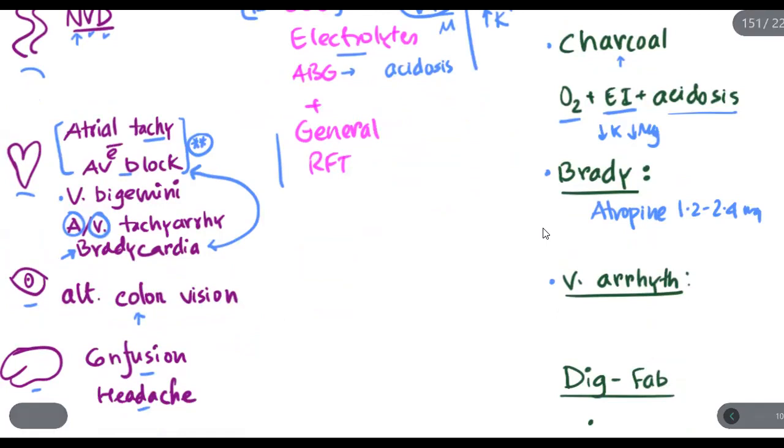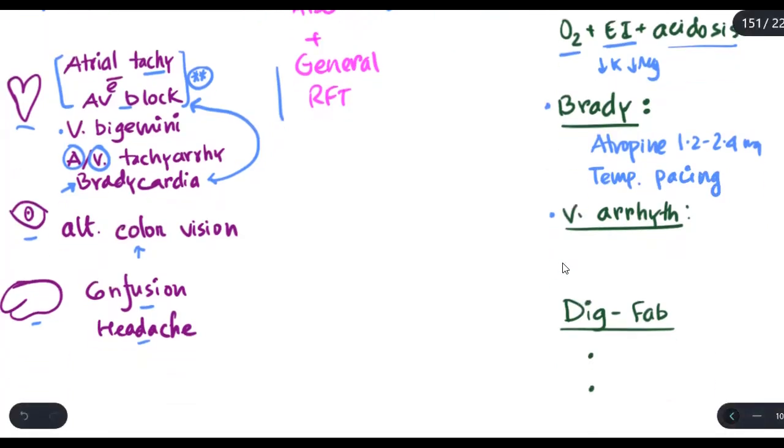And if atropine is unable to control the bradycardia or unable to take the rate to normal, then we can also give temporary pacing. If the patient develops ventricular arrhythmias, we have to give IV magnesium.